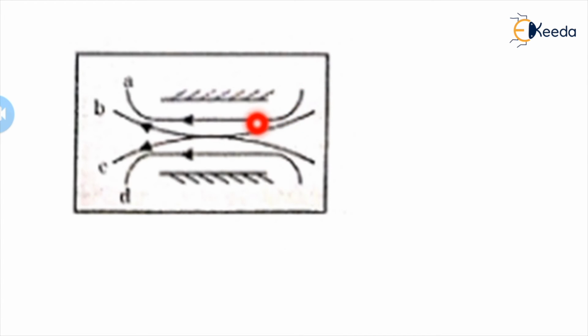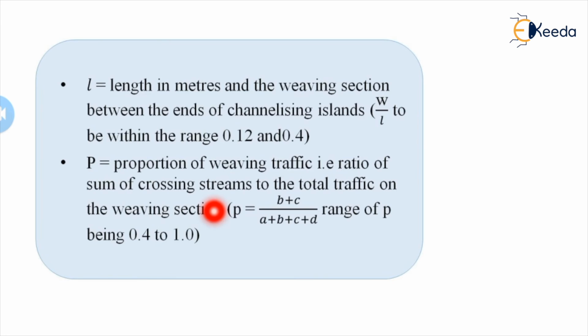A is arriving and exiting here, D is arriving and exiting here, but C is arriving from here and exiting in the other direction, and similarly B. So B and C are the vehicles which are crossing the traffic, and the total vehicles entering in the traffic are A, B, C, D. So P is equal to the proportion of the crossing traffic, that is B plus C, the whole upon all the vehicles entering in the intersection.